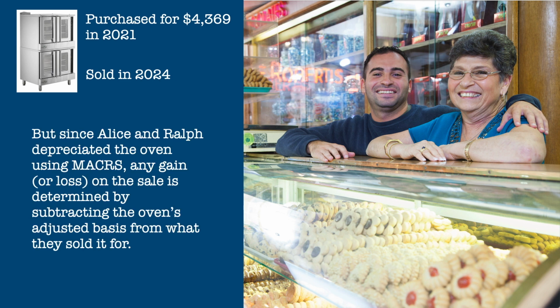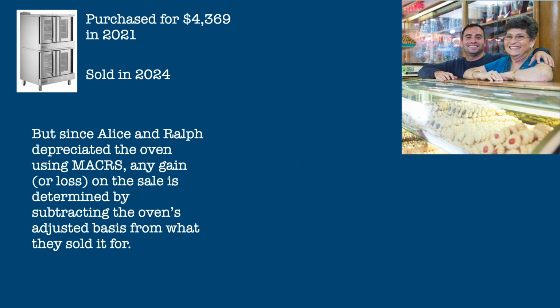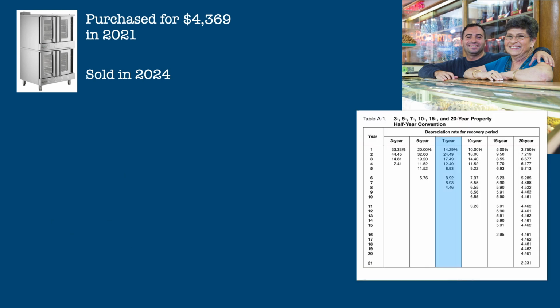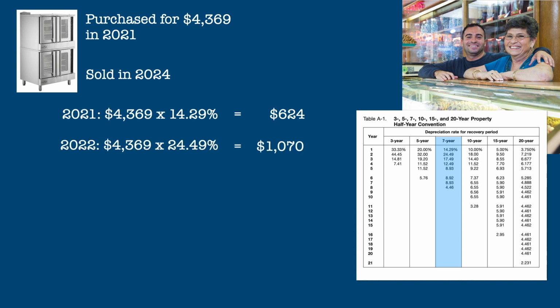But since Alice and Ralph depreciated the oven using MACRS, any gain or loss is determined by subtracting the oven's adjusted basis from the amount they sold it for. So let's figure that out. The oven is depreciated using MACRS over a 7-year recovery period, so we apply the depreciation percentages from the MACRS depreciation table to each year of ownership. In 2021, they took $624 in depreciation, then $1,070 in 2022, and $764 in 2023.